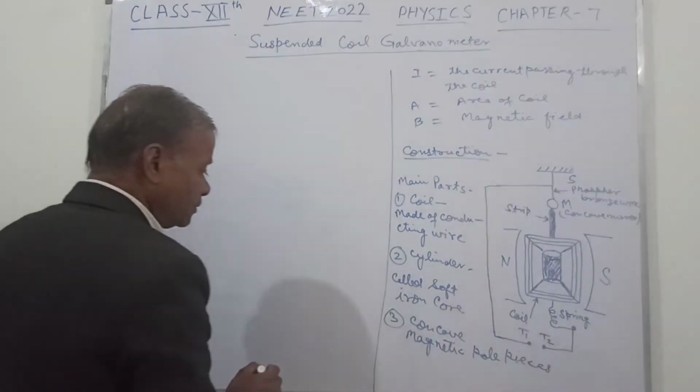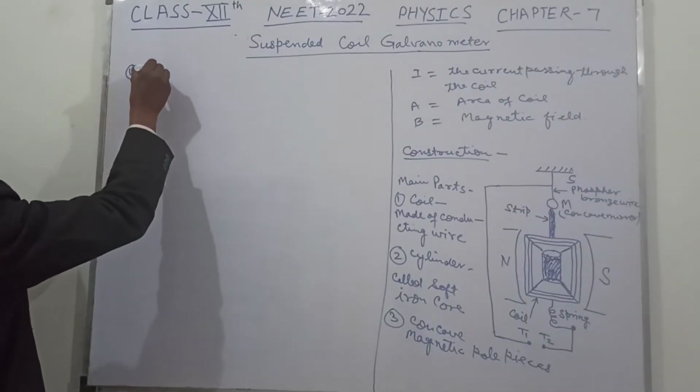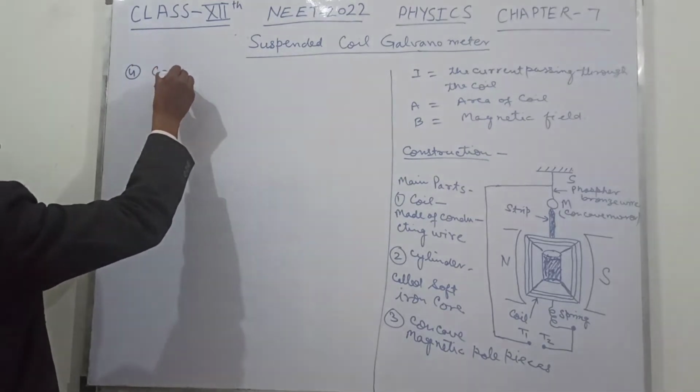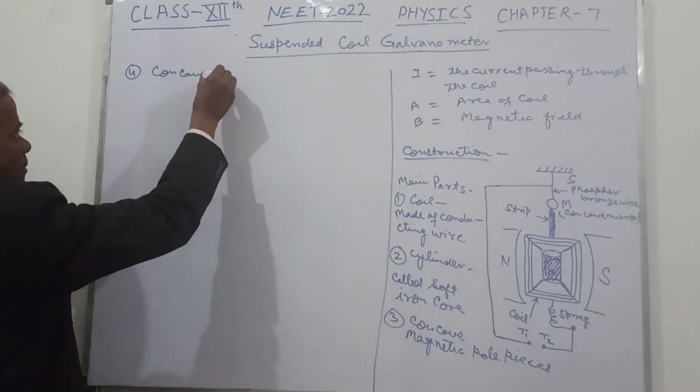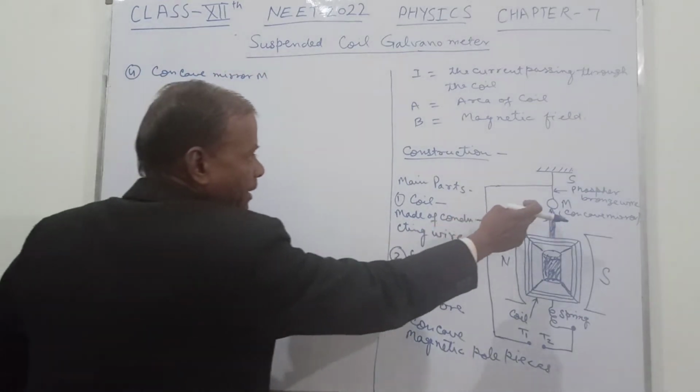M is the mirror. Now the fourth is the concave mirror M.